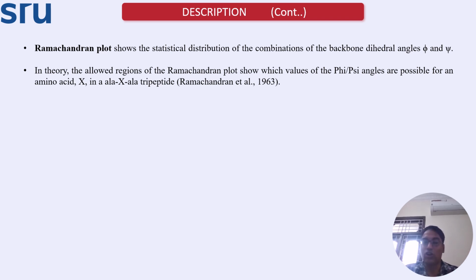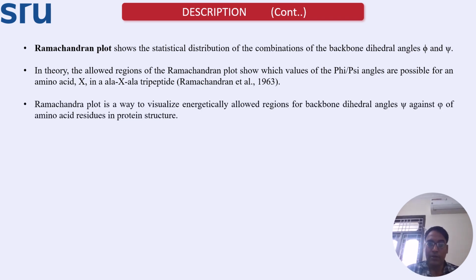Starting with the 20 natural amino acids, he formed multiple tripeptides and worked out for the different tripeptides how many possible positions in the map they can take. This visualizes the energetically favored regions for the backbone dihedral angles, phi against psi. If I plot a map of phi against psi for amino acids in the protein structure, it will show that.